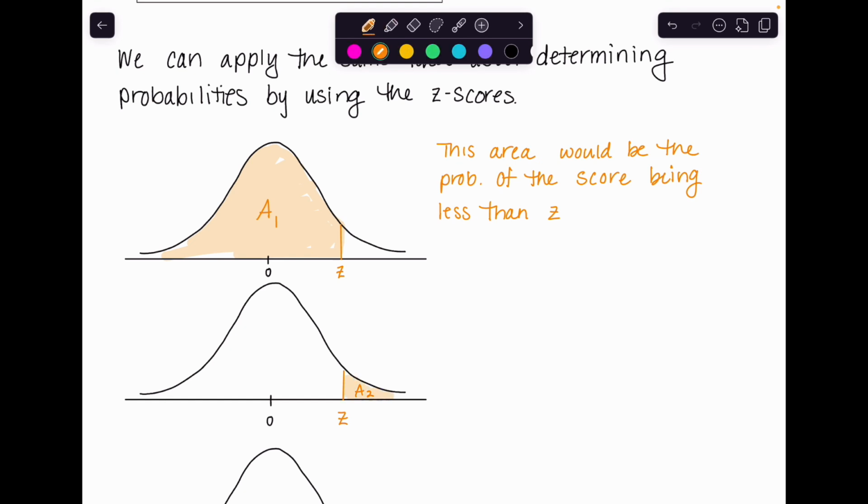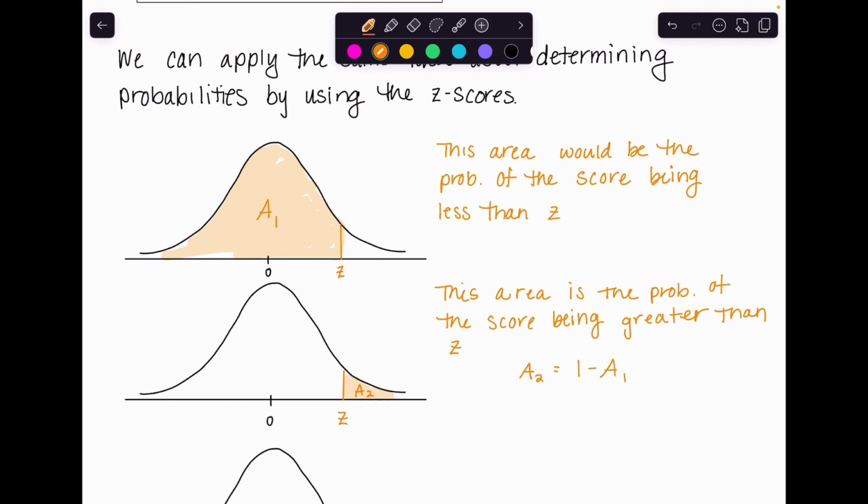This area is the probability of the score being bigger than z, or greater. And realistically, the way you could find this area is because their total is 1. You do 1 minus the area to the left.